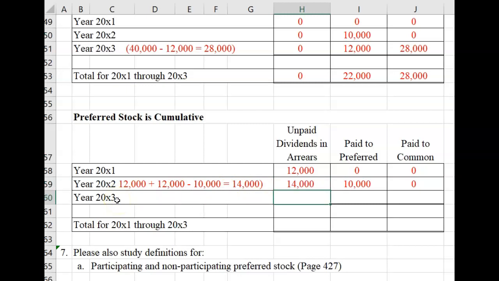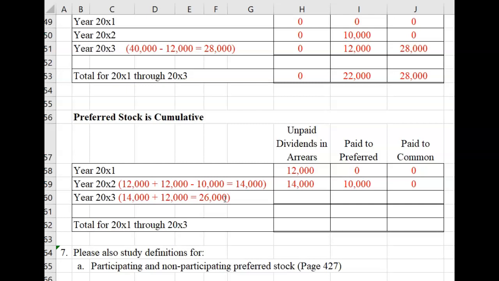Now in year 3, $40,000 worth of dividends were paid. Let's figure out how much is due to our cumulative preferred shareholders. The $14,000 left unpaid at the end of year 2, plus $12,000 due to them for year 3, equals $26,000 due to our preferred shareholders. And we actually paid $40,000.